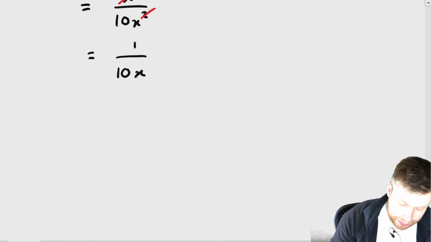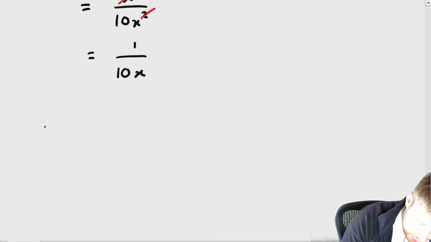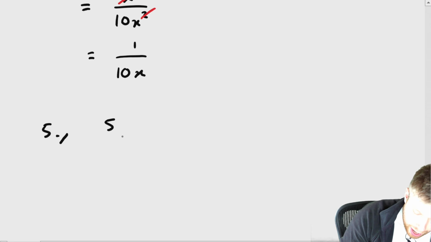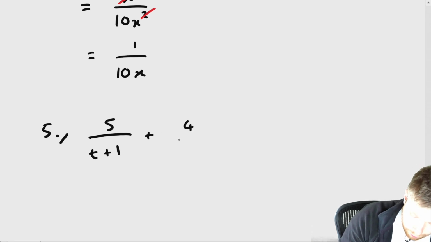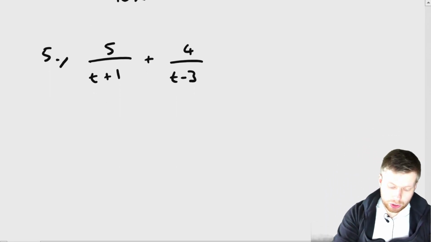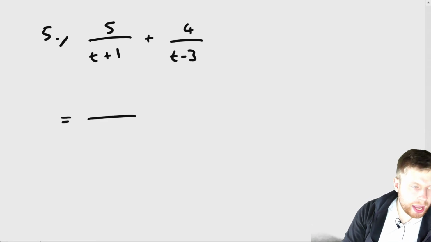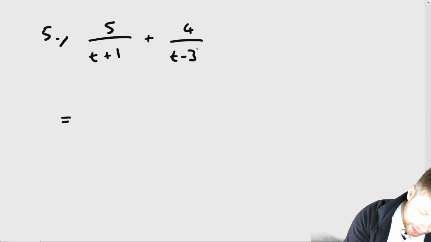Now let's have a go at something a little bit more complicated. Let's try something like this. This is question 5. Let's try 5 over t plus 1, plus 4 over t minus 3. Here I want the same denominator, and they're not the same. So in order to get the same denominator, remember, all I need to do is just multiply these two denominators together.